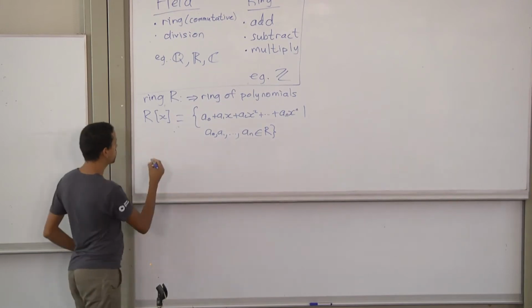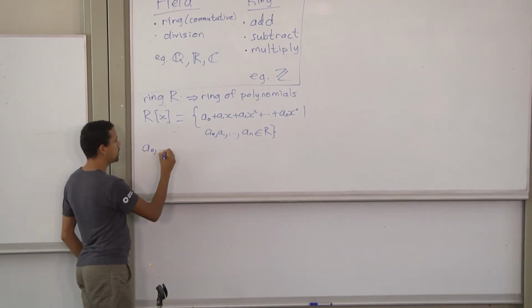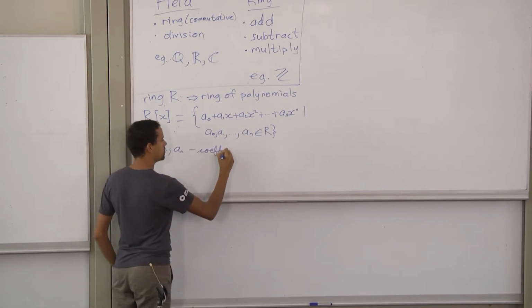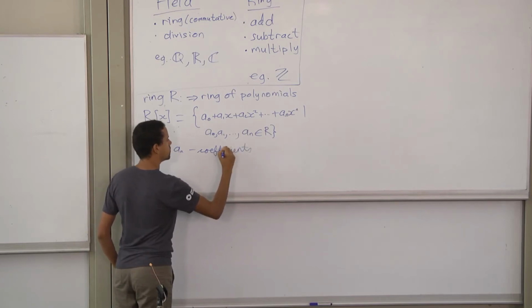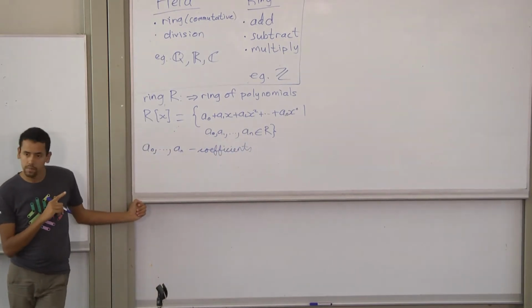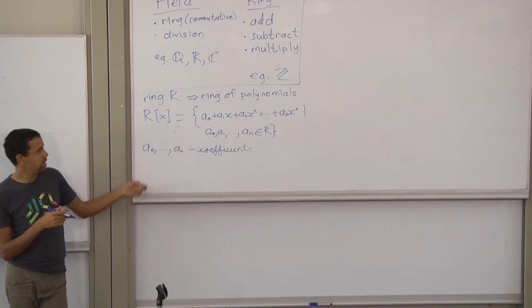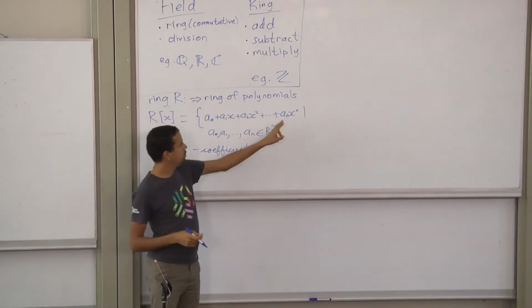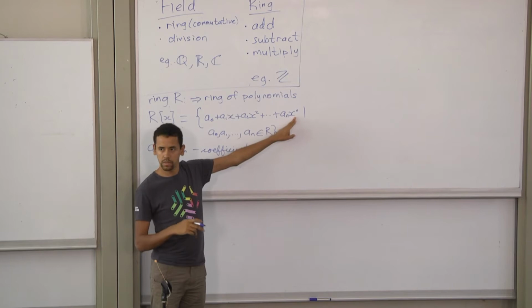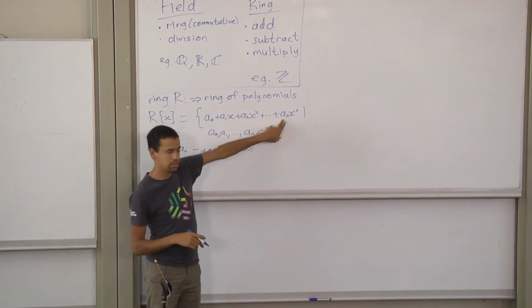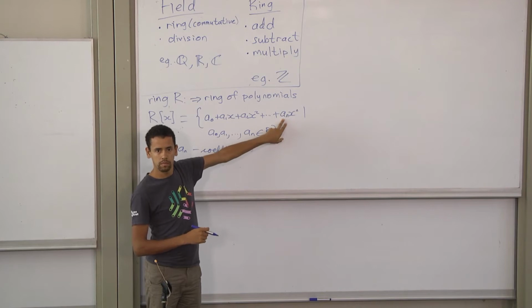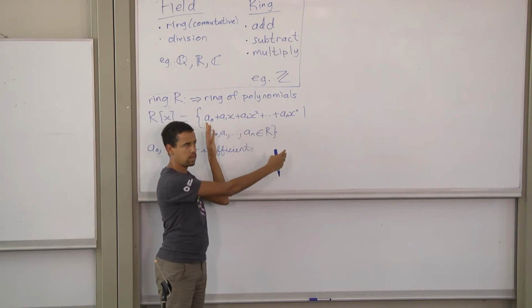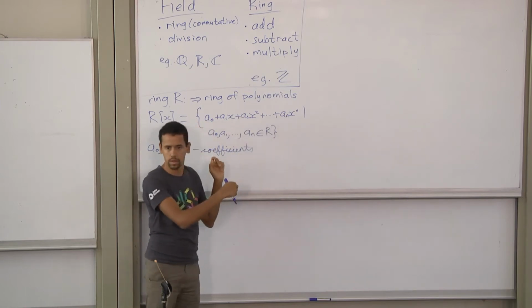Some terminology, these ai, so a0 up to an, are called the coefficients. Some of them can be 0, so they're allowed to be any elements in the ring. Usually the one corresponding to the biggest power of x, we usually assume that one to be non-zero, because if it's 0, you're adding 0, you can just consider the polynomial with one less degree.